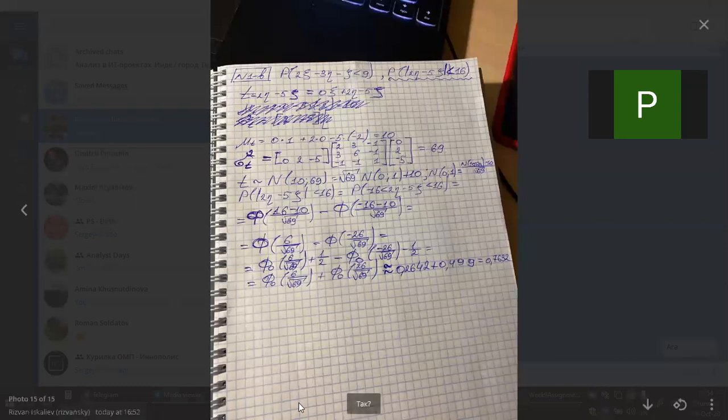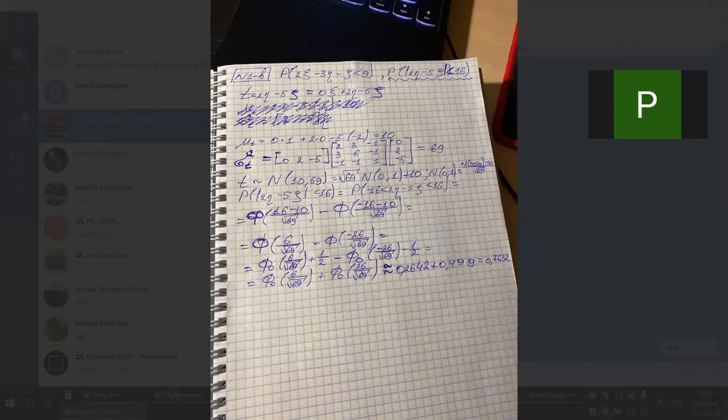After that, I expanded the sign of the absolute value, and I substituted the concrete values of the Laplace function. Using the fact that capital phi is equal to capital phi 0 plus 1/2, I got the following formula.